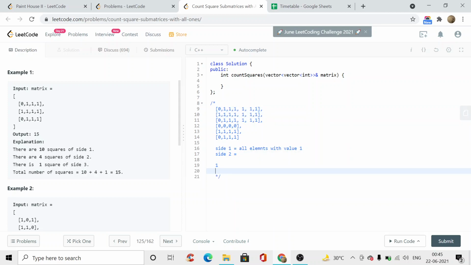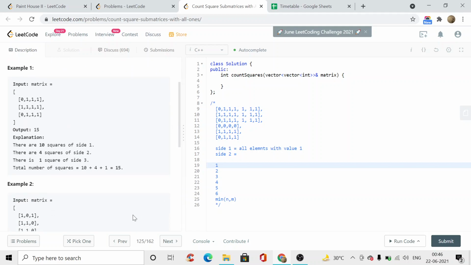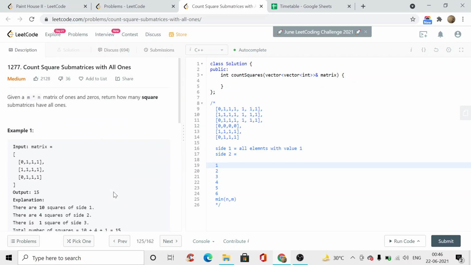We'll check for all 1s, then 2, then 3, then 4, then 5, then 6, something like this until we have covered min of n comma m size. This is a dynamic programming problem, but how are we going to approach it?